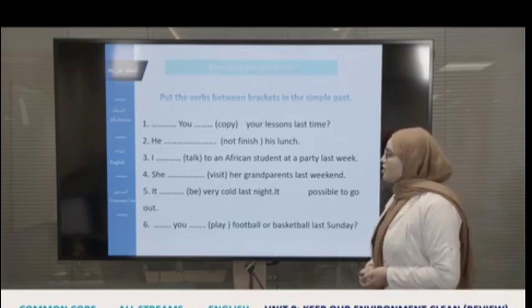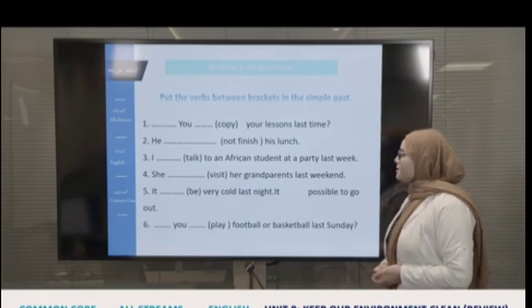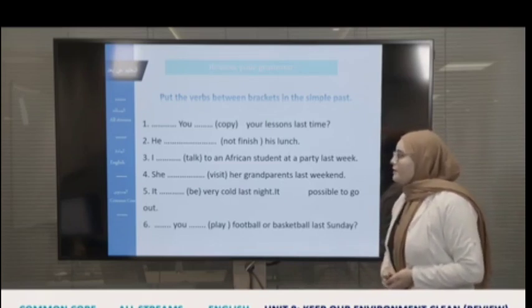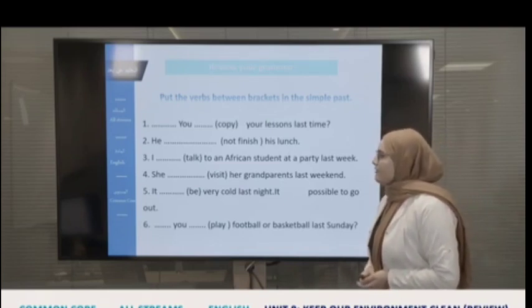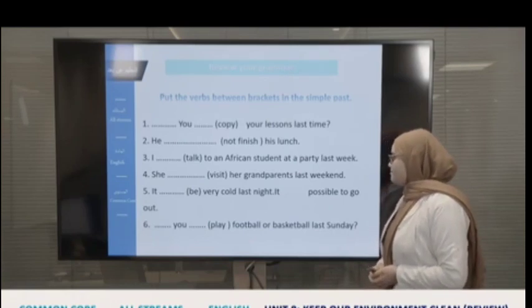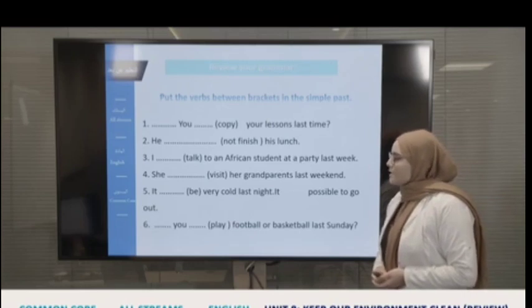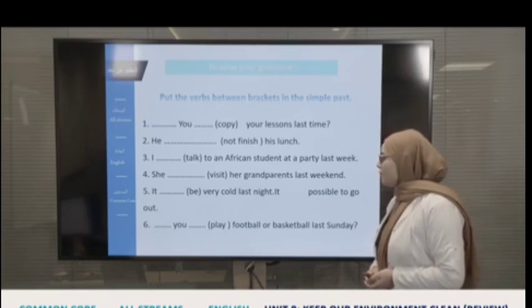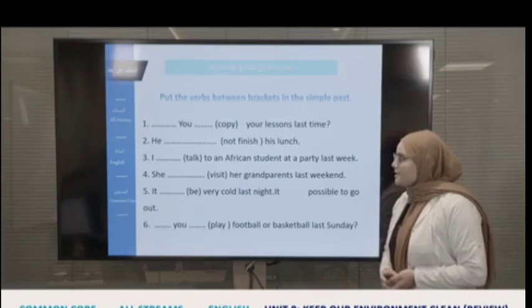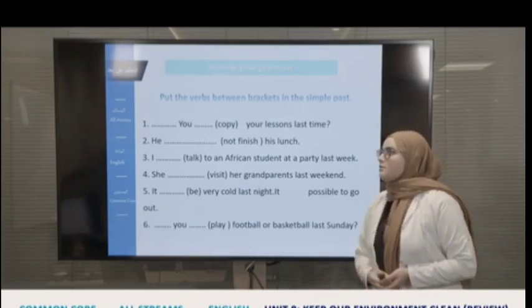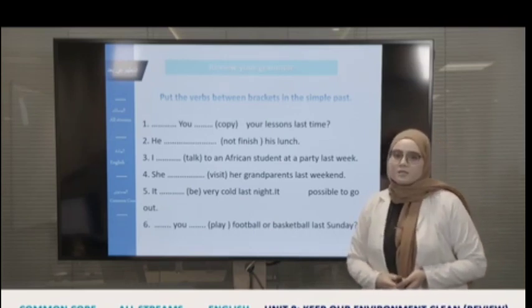Number 4, she visits her grandparents last weekend. Number 5, it, verb to be, very cold last night. It, okay, possible to go out. Number 6, you play football or basketball last Sunday, and this is an interrogative form. So take some time to think about this exercise.